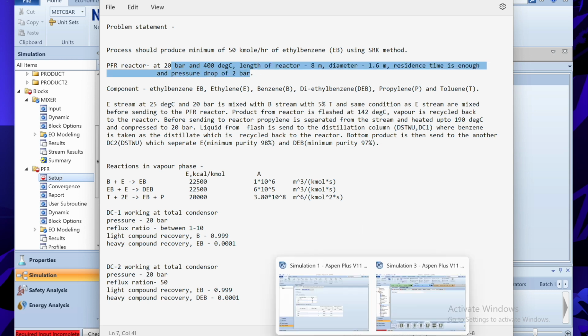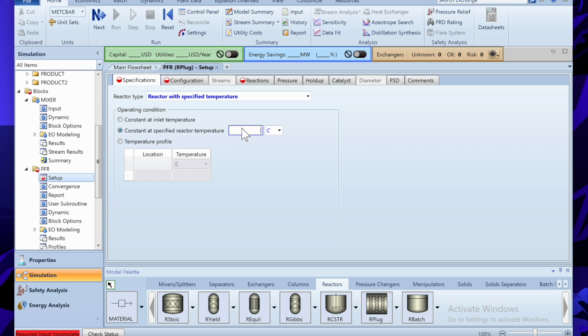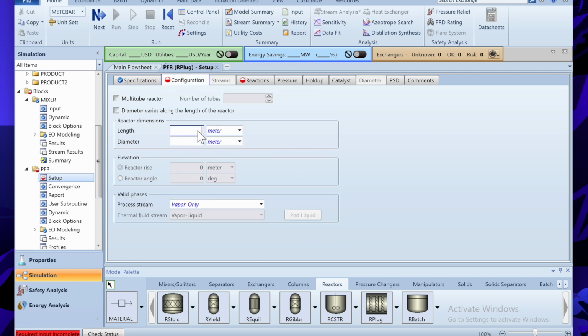Okay, and 2 bar. So we have to specify the temperature. So this one is 1.6, sorry, this one is 1.6, this one is 8.